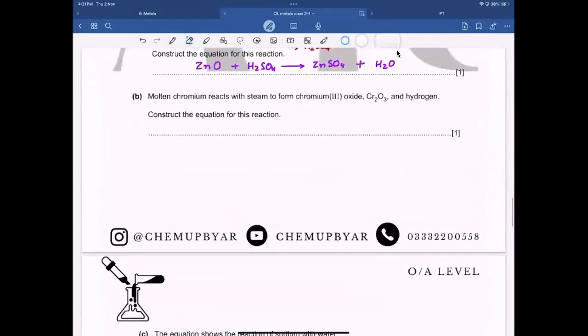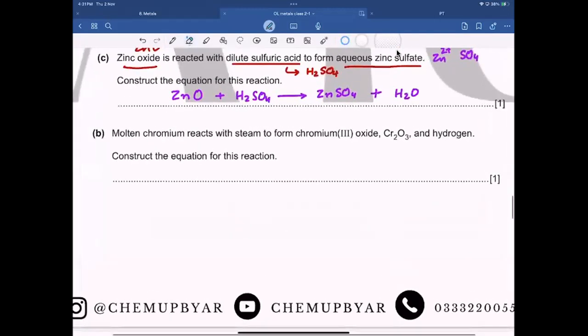Okay. Now, this is for you. You have to make the equation. Do read it carefully and then make the equation.